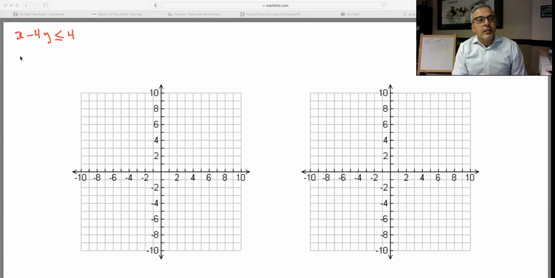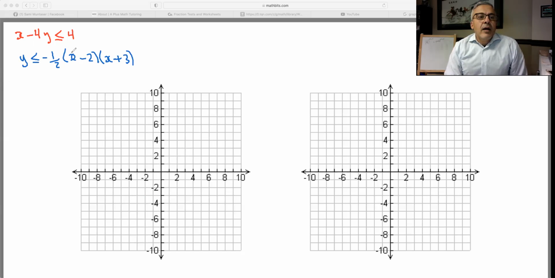And the other one is y is less than or equal to -1/2 x minus 2 x plus 3. So let me just make this x a little bit better. I don't know if that's better, but it's an x.